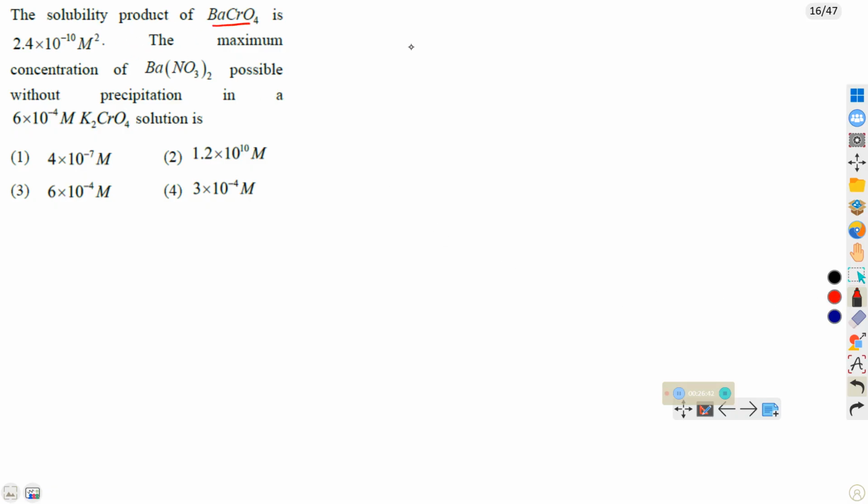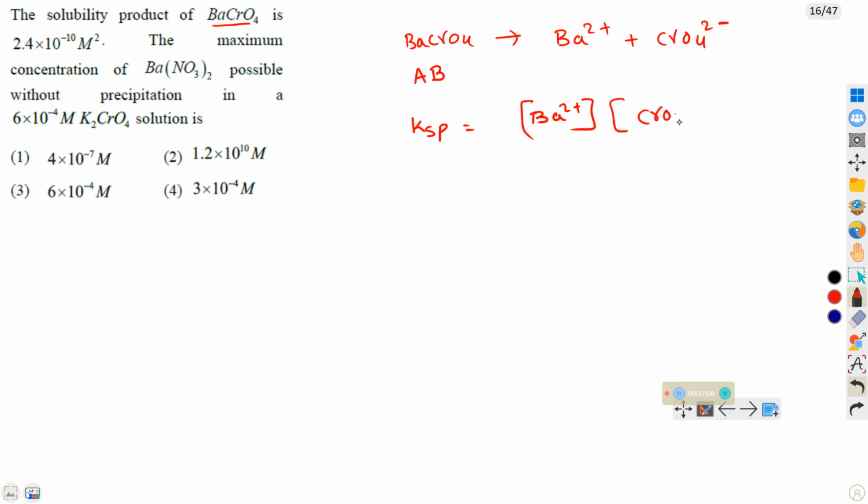Solubility product of BaCrO4. BaCrO4 dissociates into Ba2 plus and CrO4 2 minus. It is AB type of salt. Ksp is equal to S square, that is Ba2 plus ion concentration into CrO4 2 minus concentration. Ksp value is given as 2.4 into 10 power minus 10, equal to concentration of Ba2 plus into CrO4 2 minus. In both cases chromate is common.